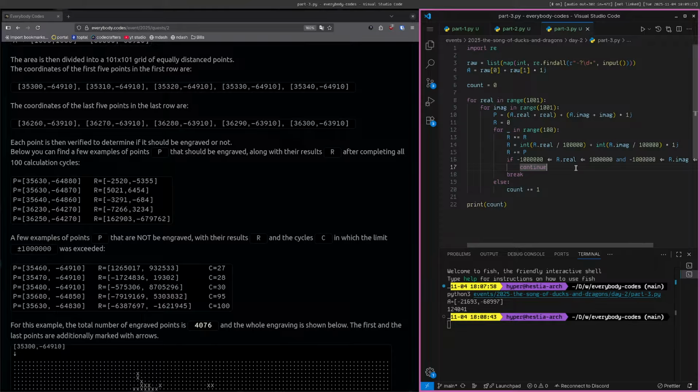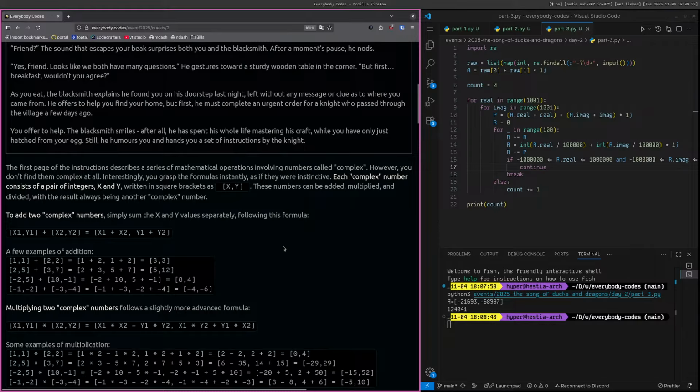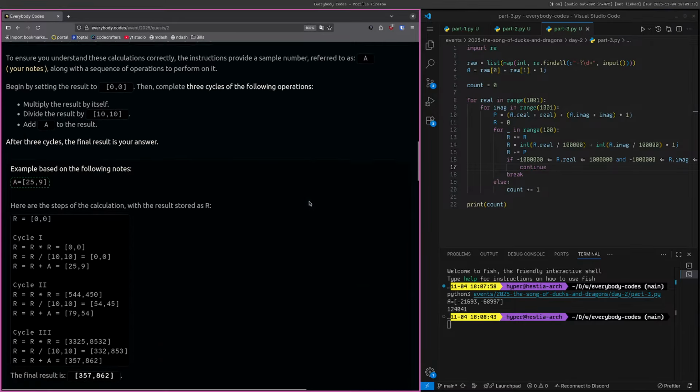Yeah, no, I'm not convinced there's too much of a better way around this. Okay. Let's move on to the explaining part of this then.